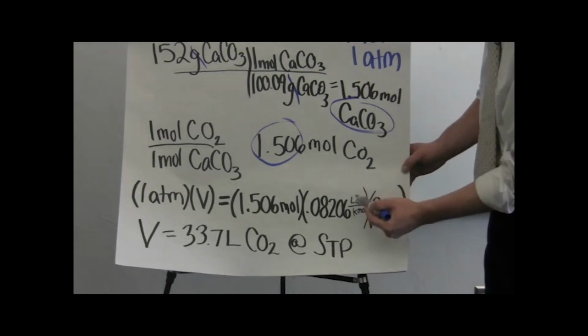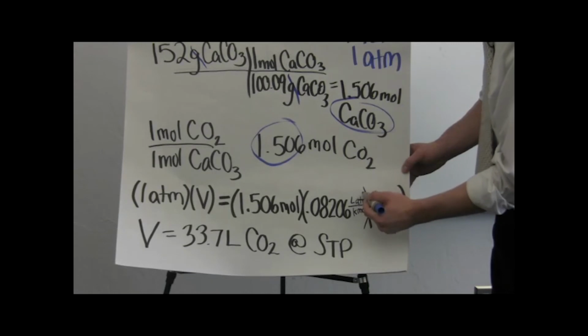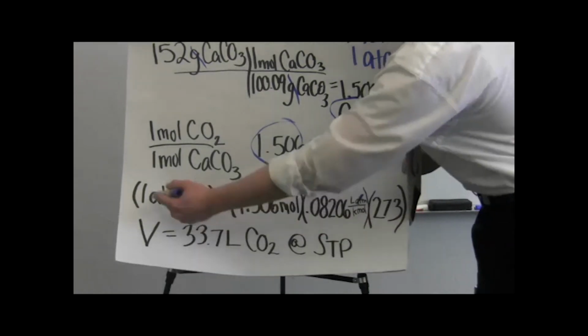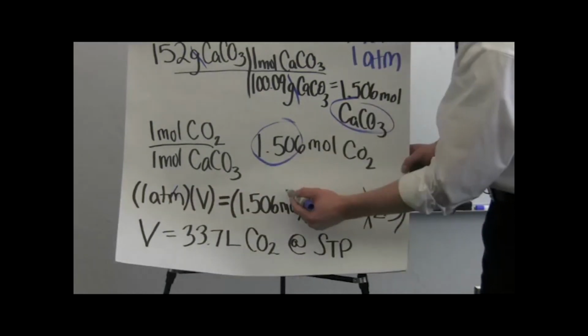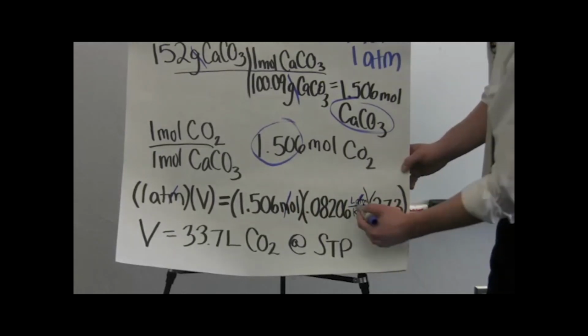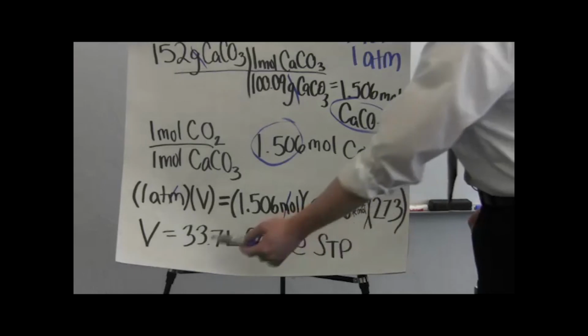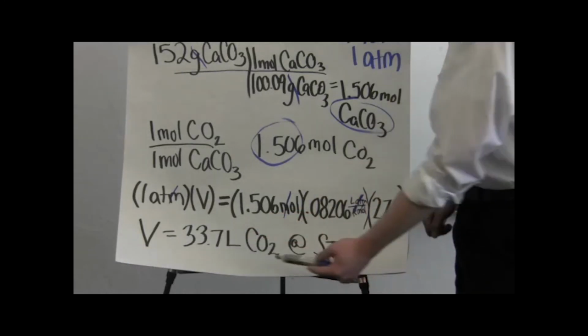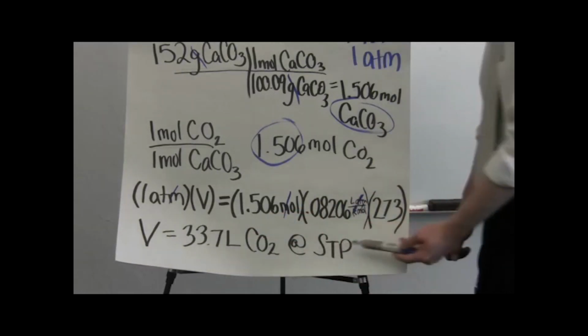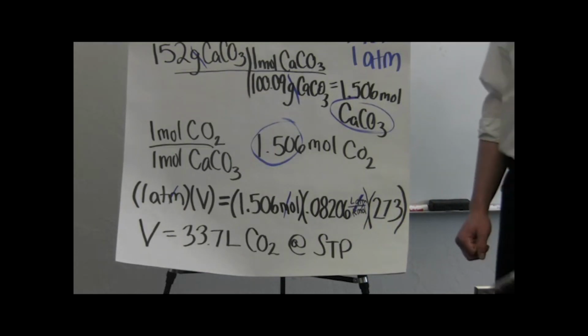So make sure these all cross out. My atmosphere here, because we're going to divide that. My moles cross out here, Kelvin here. We're left with liters. And when you times that all through, you get 33.7 liters of carbon dioxide produced at standard temperature and pressure. Pretty simple stuff.